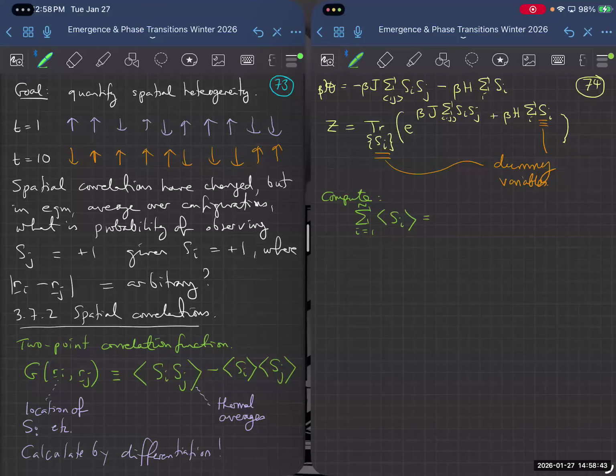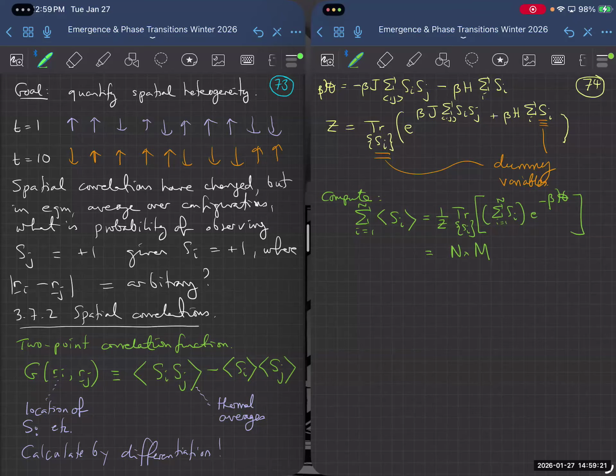Well, that is by definition 1 over Z, the trace over S_i of the sum from i equals 1 to N S_i times e to the minus beta times the Hamiltonian. So that is what I will get. This thing is by definition, as we saw, N times the magnetization per spin. So that's how we define it.